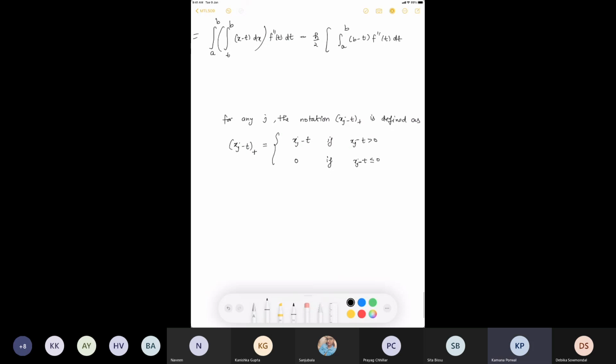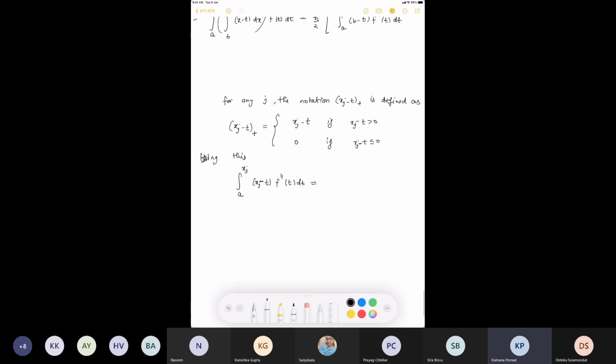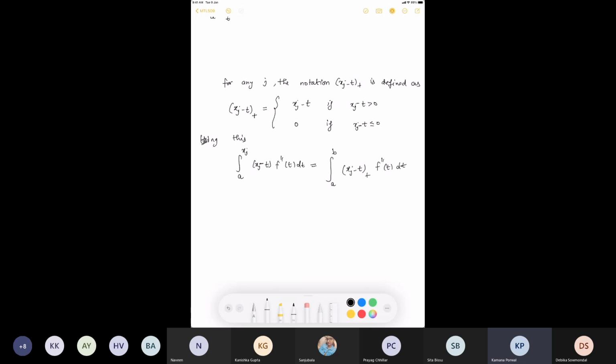Then my claim is, if I use this notation and consider the integration from a to xj of (xj minus t) f double prime t dt, this is the same as the integral from a to b of (xj minus t) plus f double prime t dt. Tell me if you agree with me.